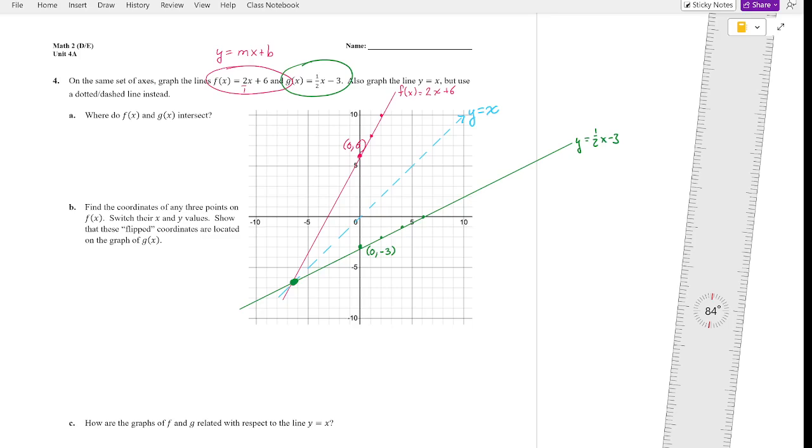So in fact, we can prove it. When they intersect, we're solving this system: y equals 2x plus 6 and y equals 1/2 x minus 3. To solve a system, we can use substitution. So 2x plus 6 is going to equal 1/2 x minus 3. To get rid of the fraction right away, we can double both sides. So I'll just multiply by 2.